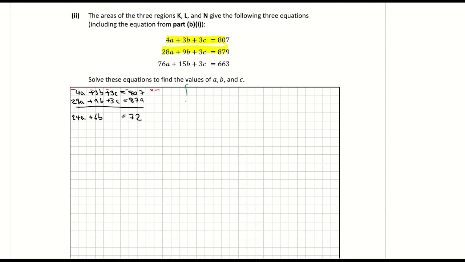I'm now going to come over and take the next two. I'm going to take the last two, in fact. So I'm going to use 28a plus 9b plus 3c is equal to 879, and 76a plus 15b plus 3c equals 663. Again, cancel the c's. You have to cancel the same variable.